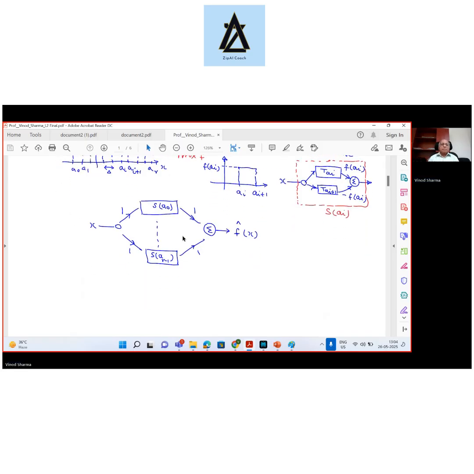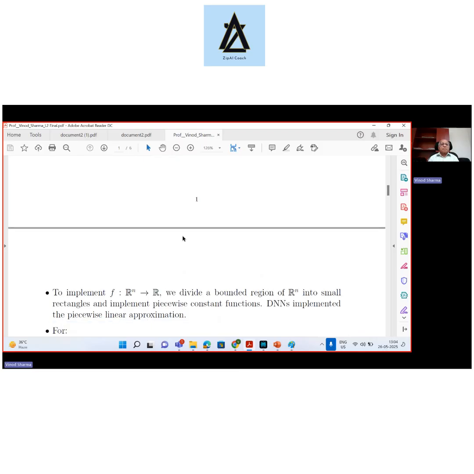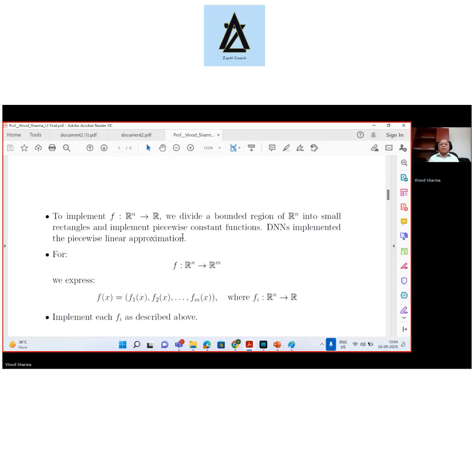Now, a general function f from R^n to R can be implemented by the above method.